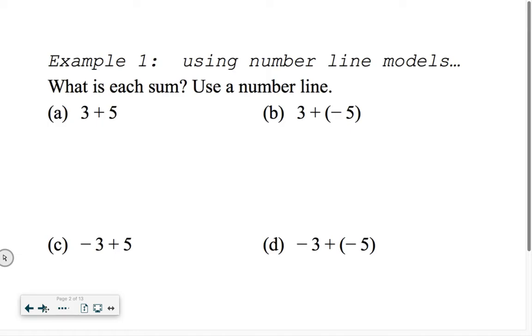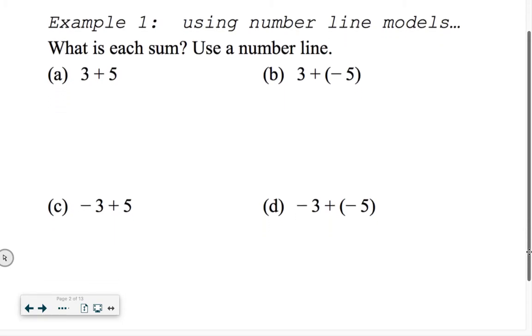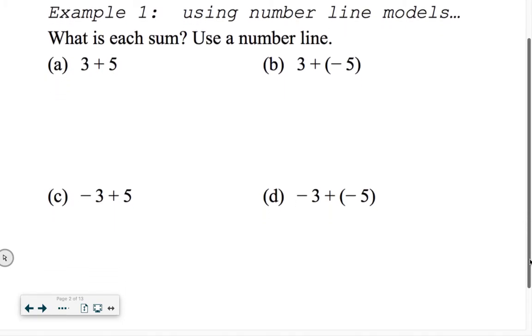Okay, so we're going to get right into it and start with some examples using the number line model. I know a lot of you know how to do these without it, but we're going to go ahead and use the number line as an example so we know what that would look like. So 3 plus 5.